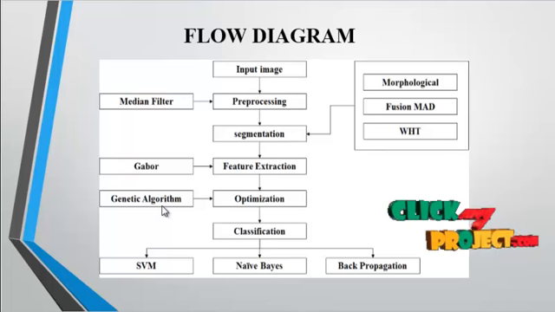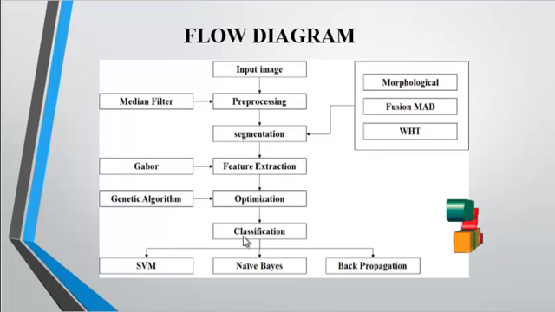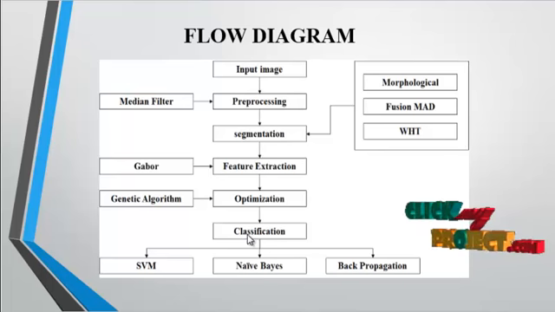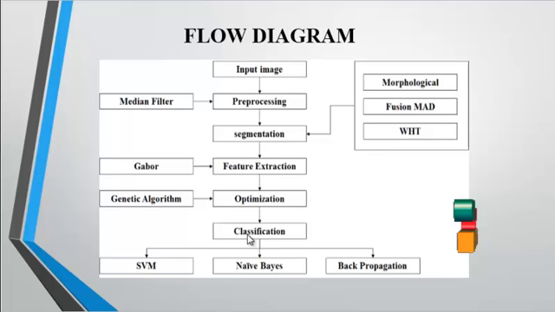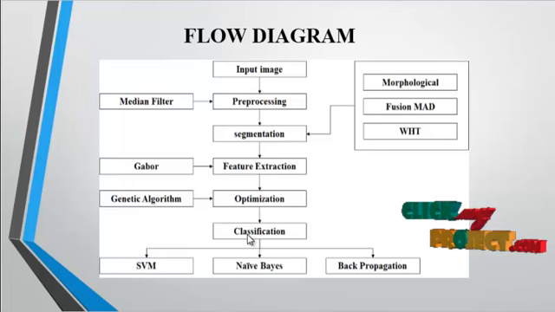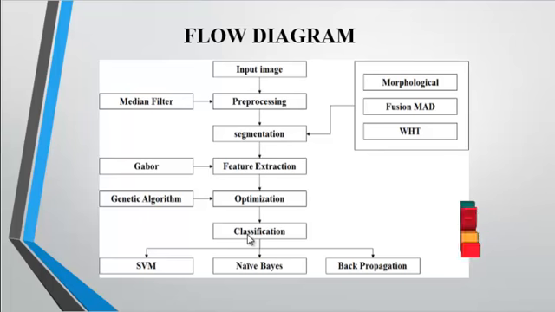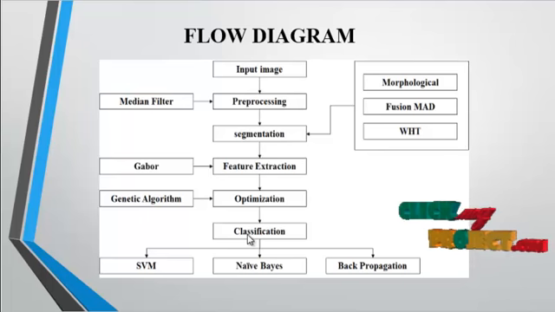After the feature selection method, the feature classification is carried out. In the feature classification method, three inputs are given to the classifier: test feature, train feature, and the targeted labels.